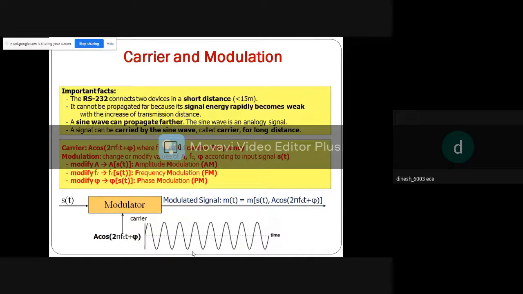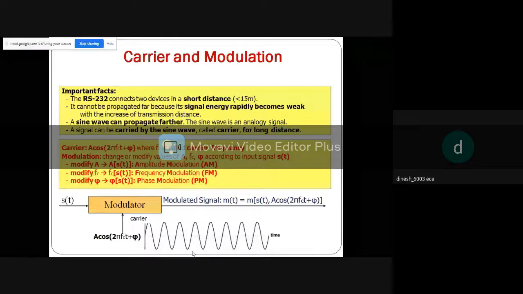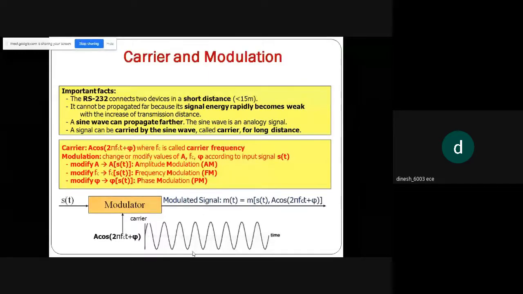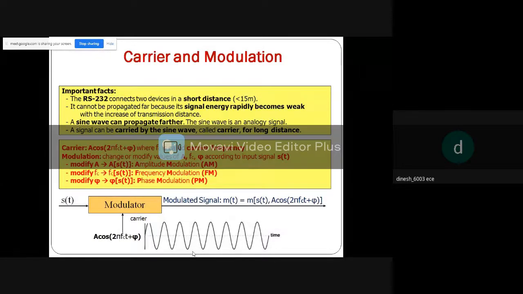So if you choose a modulation scheme of AM, we modify the amplitude. If you choose FM, we modify the frequency. If you choose PM, we modify the phase, which we call phase modulation. Amplitude modulation, frequency modulation, and phase modulation.